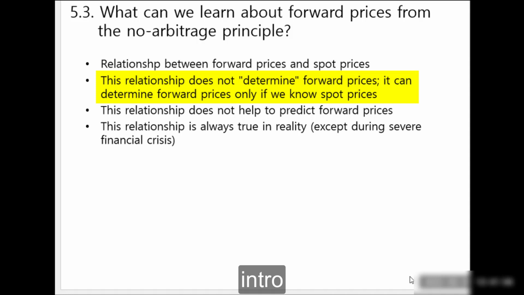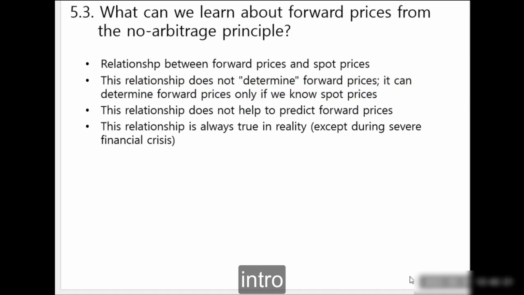It's not like KOSPI prices are determined first and then futures price is determined, or futures price is determined and then KOSPI prices are determined. They are determined at the same time. So while we typically walk from one to the other in class like this, in reality, there is no order.